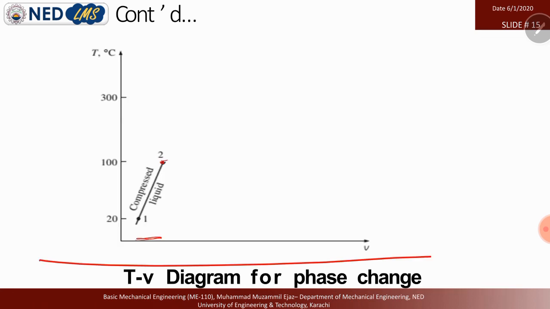So in this graph of temperature versus volume, as the temperature increases, volume is also increasing. We stick to this topic here, and in lecture number 8 we will move further, inshallah.